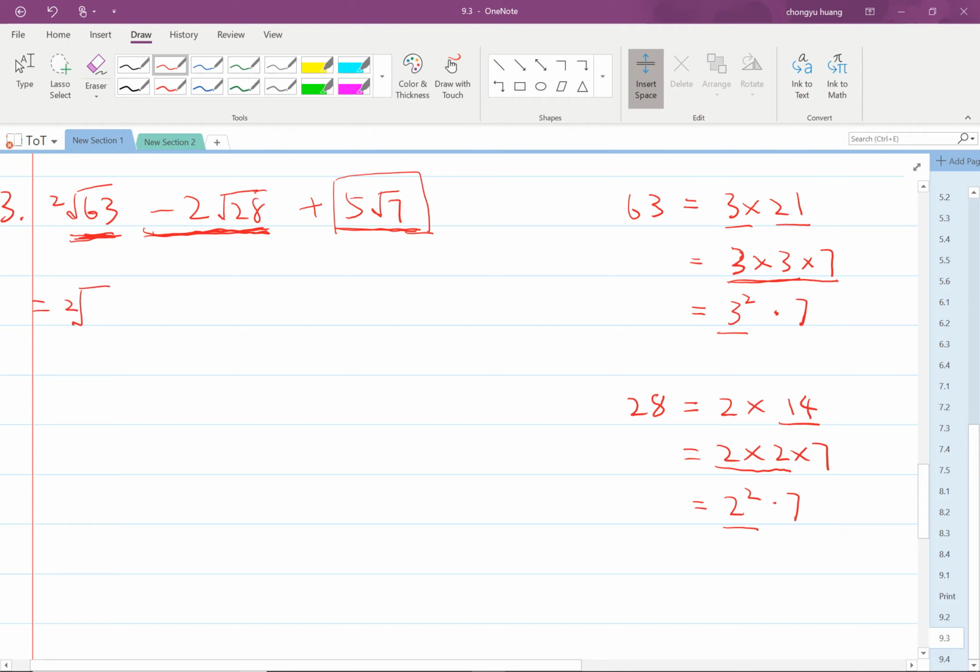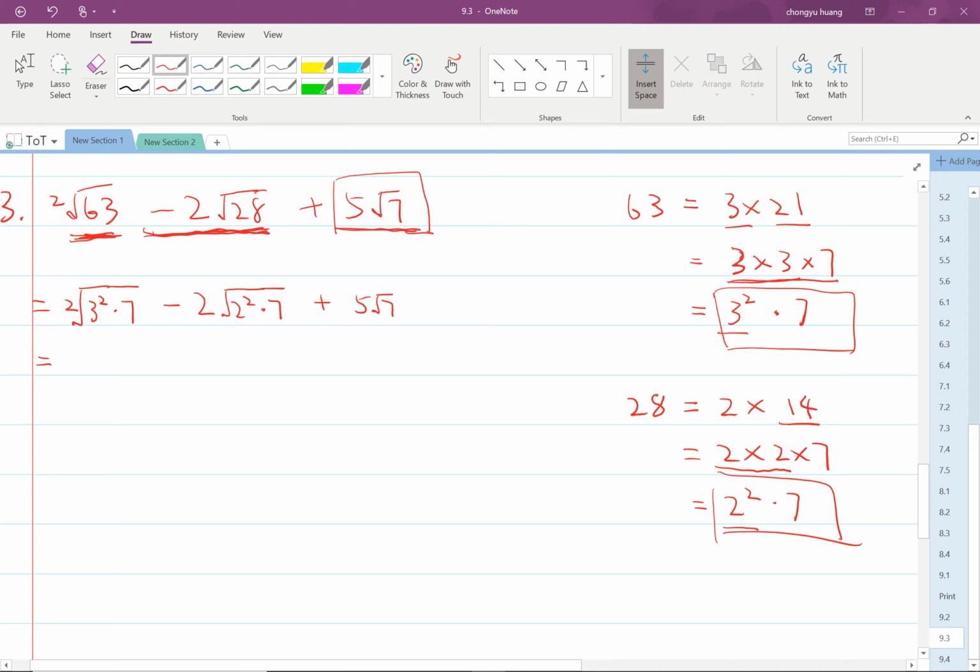You know that 63 is equal to 3 to the power 2 multiplied by 7, and then we have minus 2, and you know that 28 is equal to 2 to the power 2 multiplied by 7. And then we don't have to do anything with 5 square root of 7, because it's already in the simplest form.